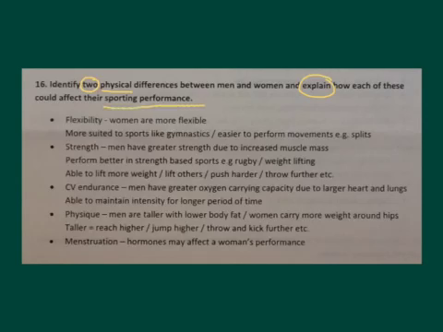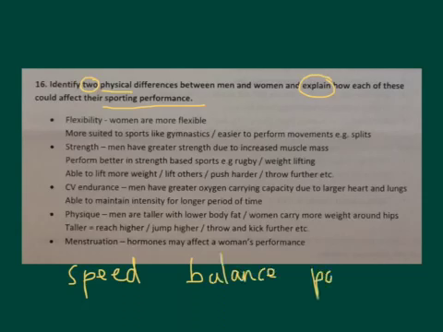Looking down the list, we've got 5 things bullet pointed. There are actually more, and you could have got credit for some others as well, because there's no mention on there of speed, no mention of balance, no mention of power. So all those things could have also picked up marks.